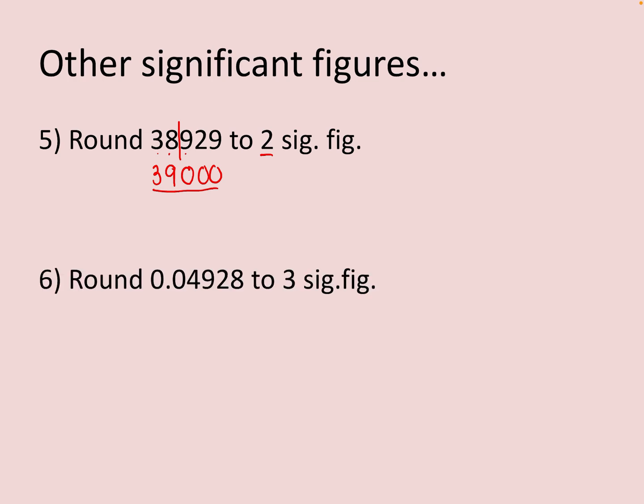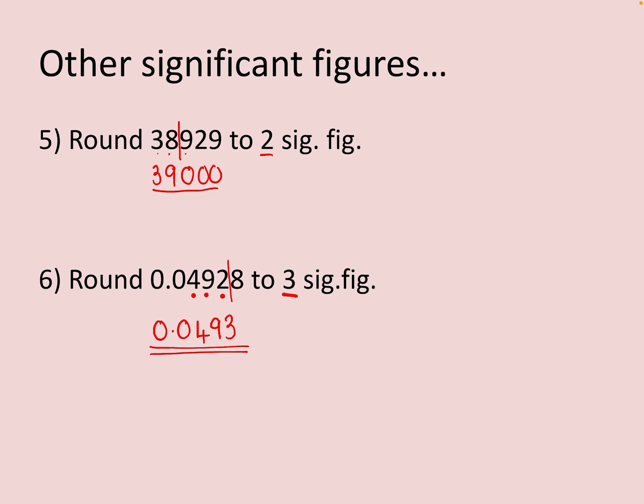For my next one, we've got a smaller number. This time we want 3 significant figures. So 1, 2, 3. And we look at the number 8 and say, well, 8 would make the number 2 round up. So 0.0493.